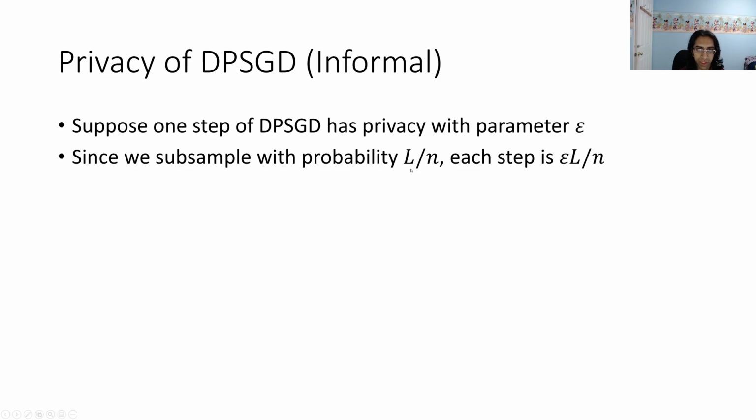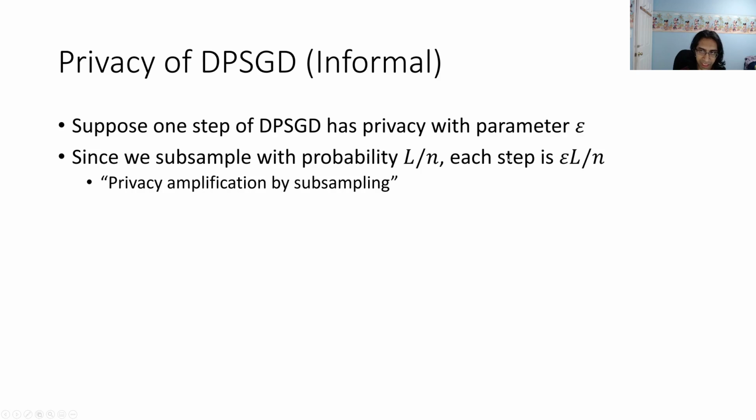Each point was chosen to be in your data set for this mini batch, or this lot as we called it, with probability L over N. There's some property of differential privacy, a little bit more technical, which I'm not going to get into, called privacy amplification by subsampling. So then you can argue that each step is in fact epsilon times L over N. So we scaled down this privacy parameter by a significant factor if N is large and L is not too large.